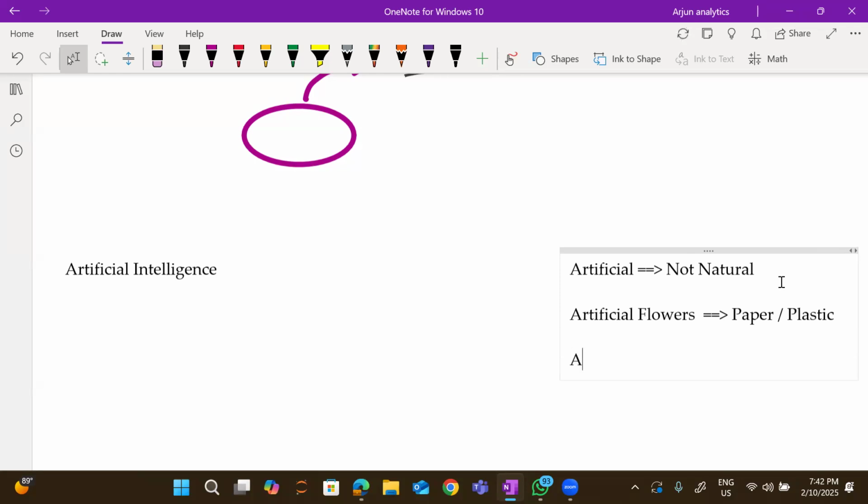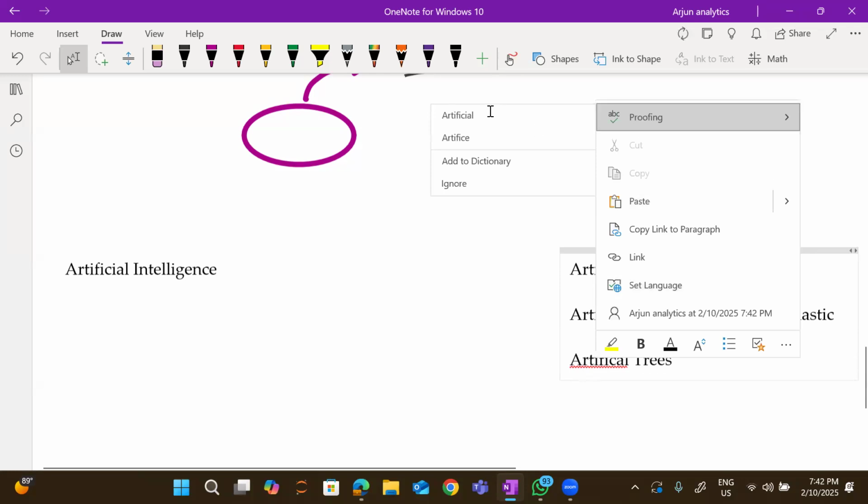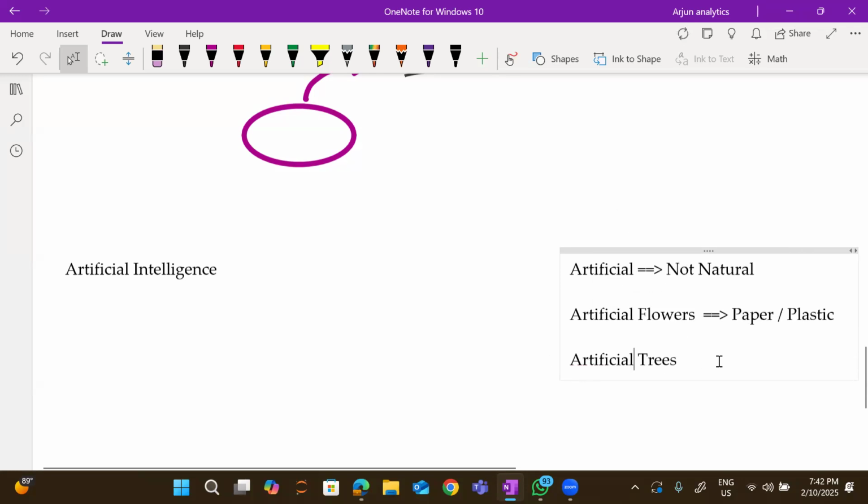Now there will be something like artificial trees. I've made a spelling mistake over here. What do you mean by artificial trees? Again, you will make the artificial trees with some rubber or some plastic, something like this. Now you got it. You know what is meant by artificial.